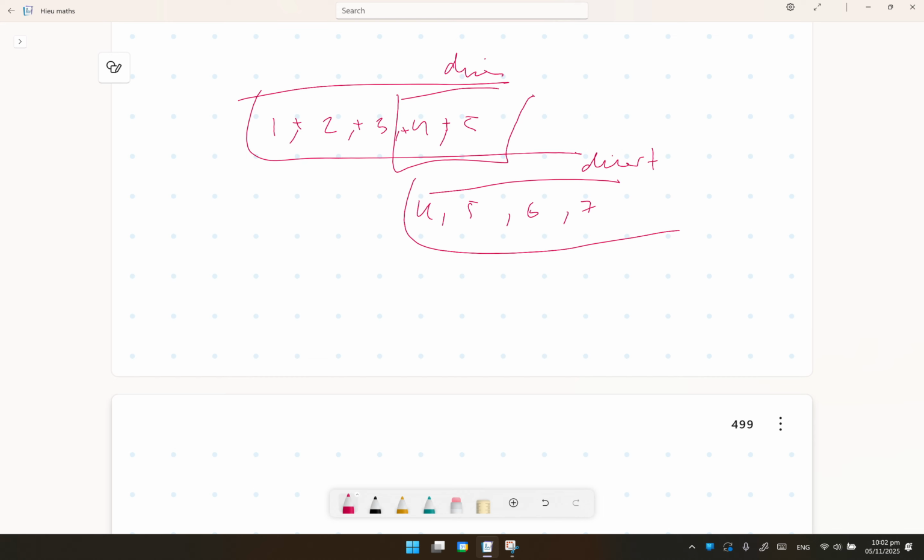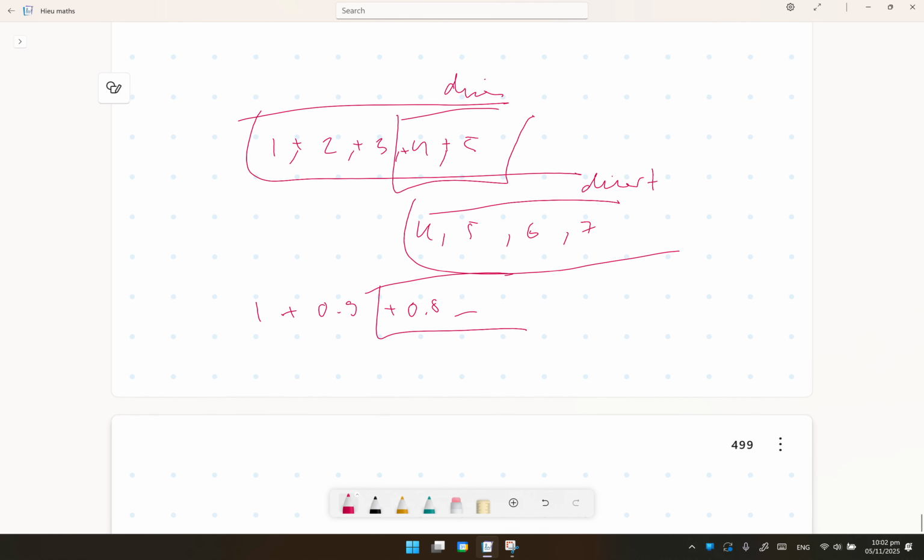That's kind of obvious, but it's a theorem you can remember. And if something's like 1 plus 0.9 plus 0.8, and it goes down to something really low and turns into 0, it's convergent. If you start from 0.8 instead of 1, it's also convergent. So basically, the index does not matter.